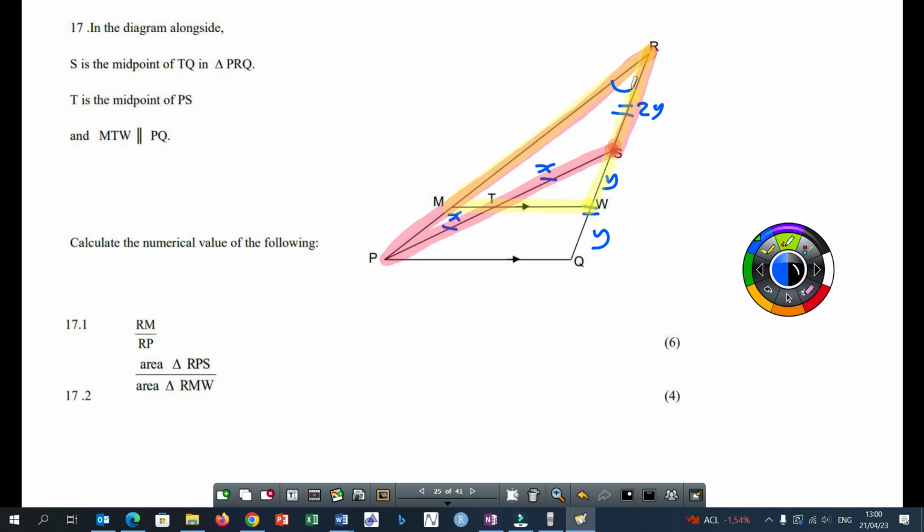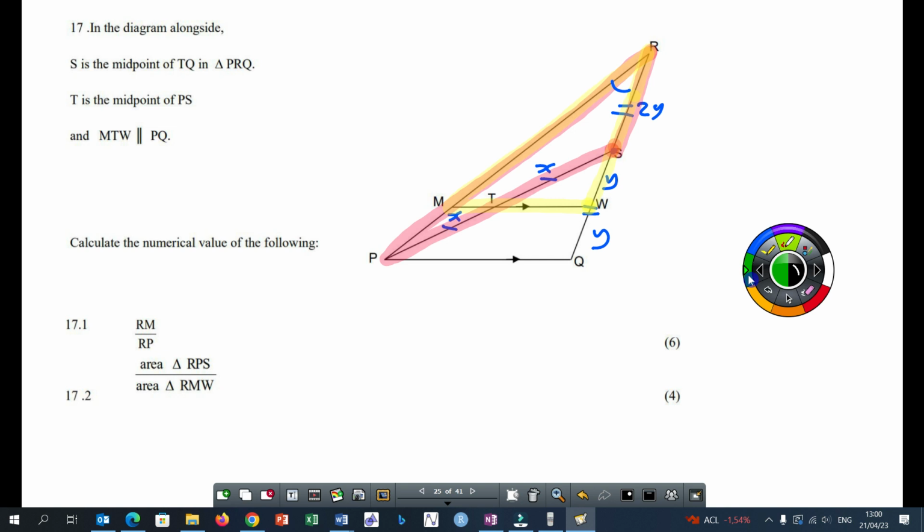But before we start applying the area rule there, I need to write the length of PM and RM using a constant.